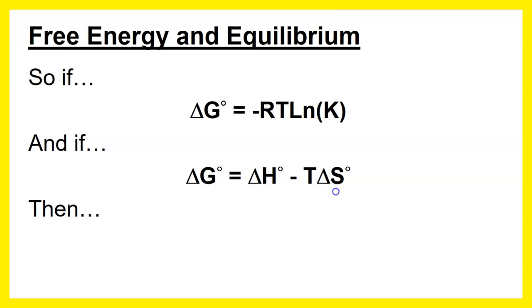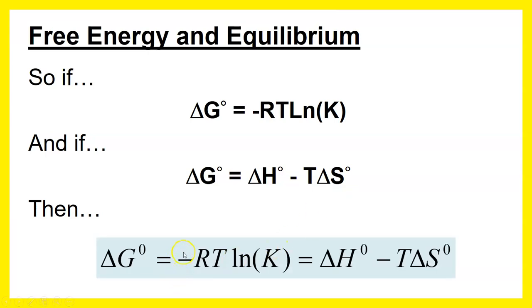So I end up being able to say that negative RT ln of K equals delta H minus T delta S. Ratlink equals Gibbs-Helmholtz. That is an incredibly helpful rearrangement because it's going to step us towards being able to graph some data to calculate things that we might need.